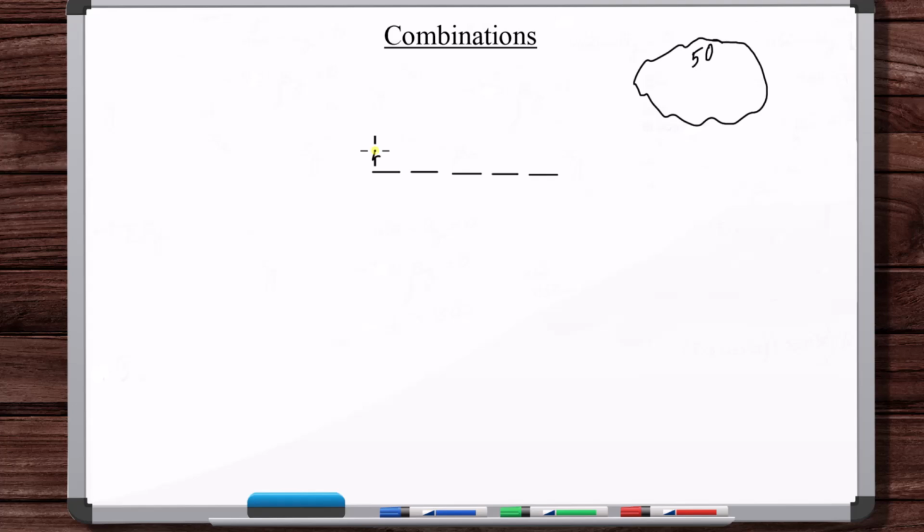So here there's 50 possibilities. Then there's 49 possibilities, 48. And we multiply all of these. What we're doing is we're counting the number of different basketball teams of 5 we can make from these 50 players, but including any reorderings.